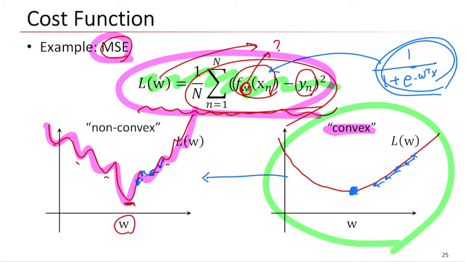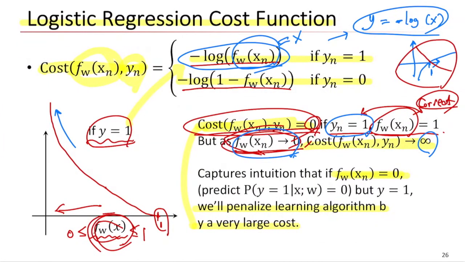Because of the nonlinear term in the mapping function, in this case it is really hard to find a reliable local minimum. So we need another cost function for the logistic regression or classification problem.